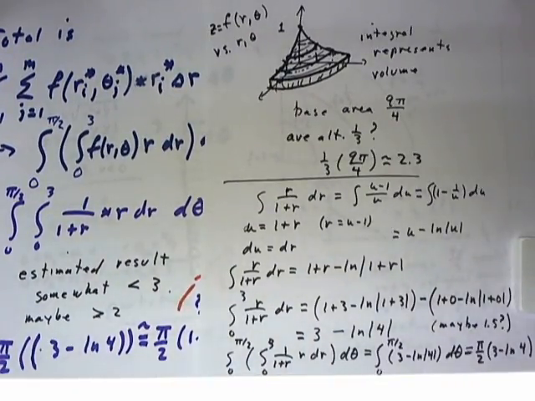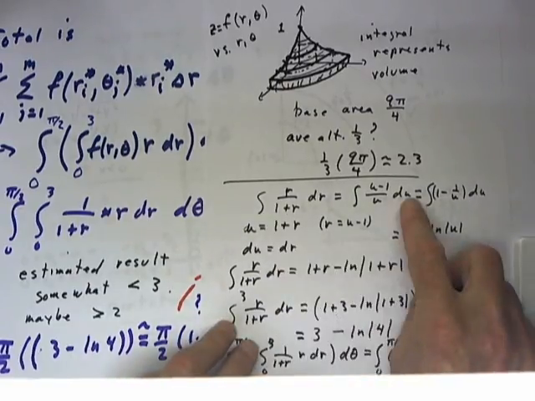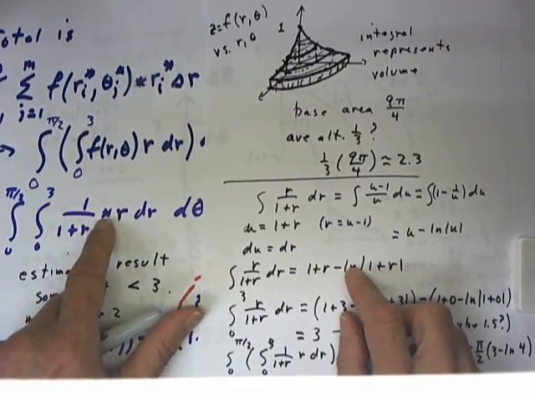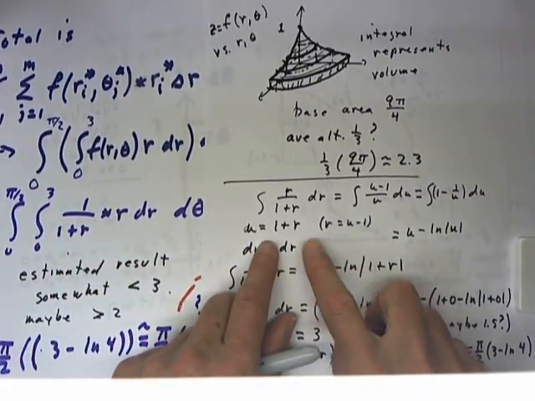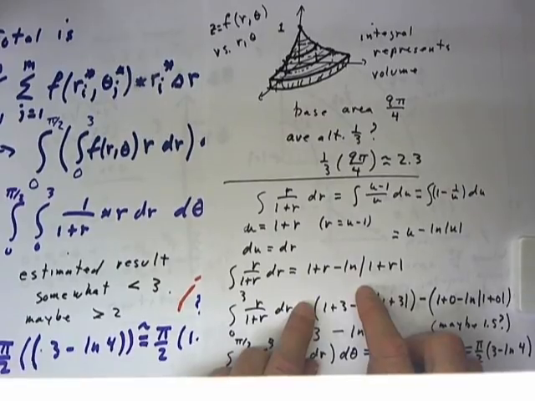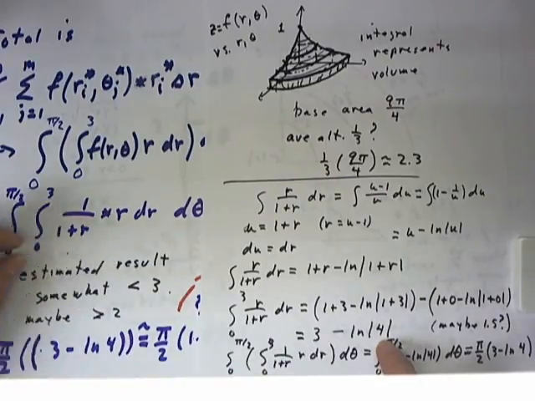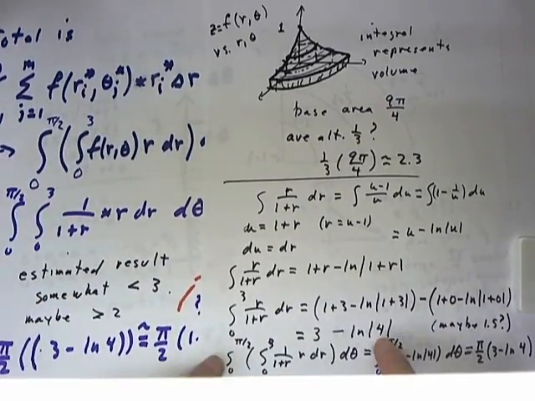Having estimated and given at least a couple of possible interpretations, we proceeded to perform the integral. First, integrating our 1 over 1 + r times r dr. Using a straightforward substitution, we obtained the result 3 minus natural log of 4 for the definite integral.